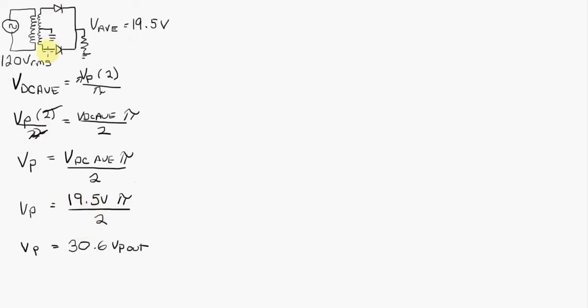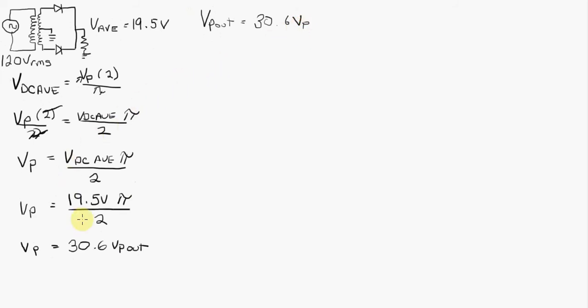Now we can work backwards, trying to track down the secondary voltage and then eventually get a transformer ratio. Knowing that that's a solved number now, I'll put anything we solved for up here: V peak out equals 30.6 volts peak.